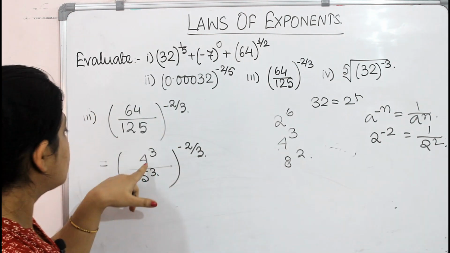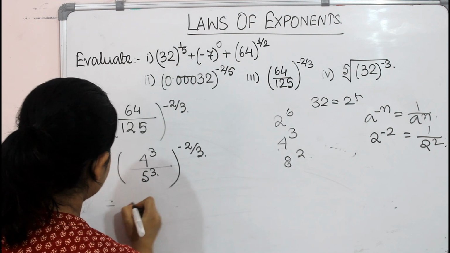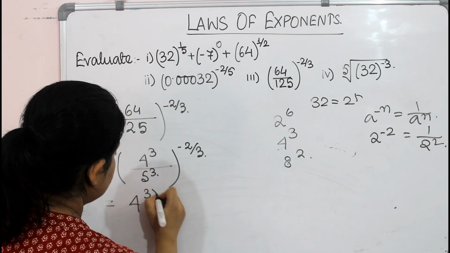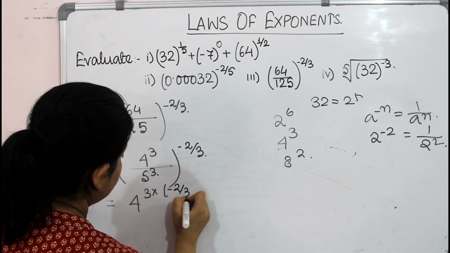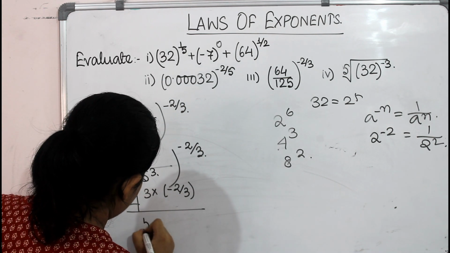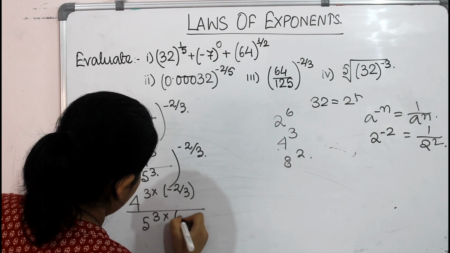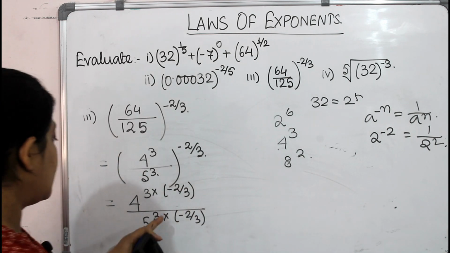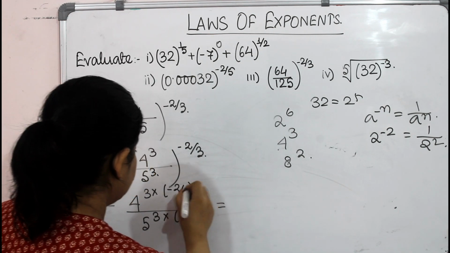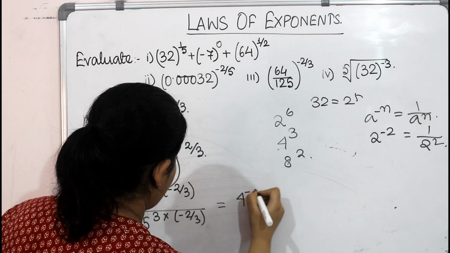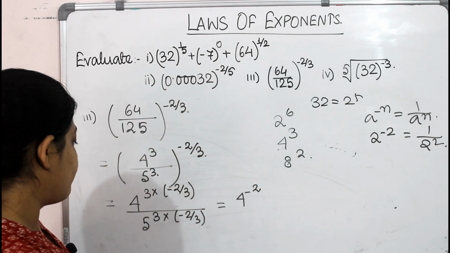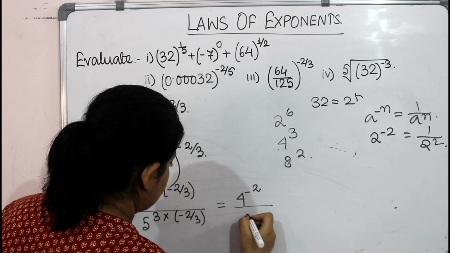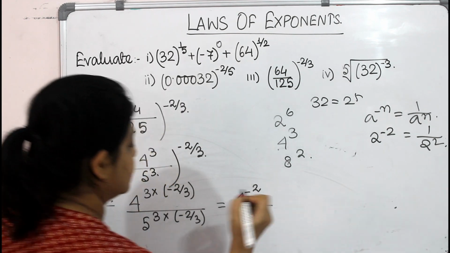Okay, so 4 to the power of 3, I can write this as 4 to the power of 3 into minus 2 by 3, and this we can write as 5 to the power of 3 into minus 2 by 3. Okay, so 3 gets cancelled, that is 4 to the power of minus 2, and here you are getting 5 to the power of minus 2.